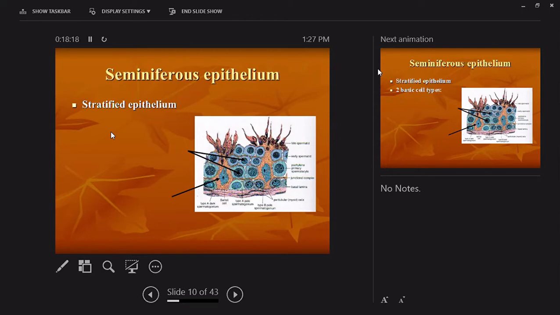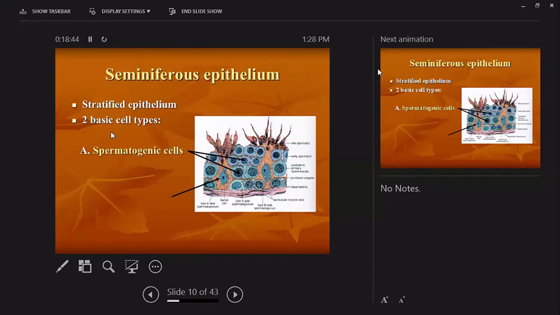The lining, of course, is stratified epithelium. There are two basic cell types in the stratified epithelium.